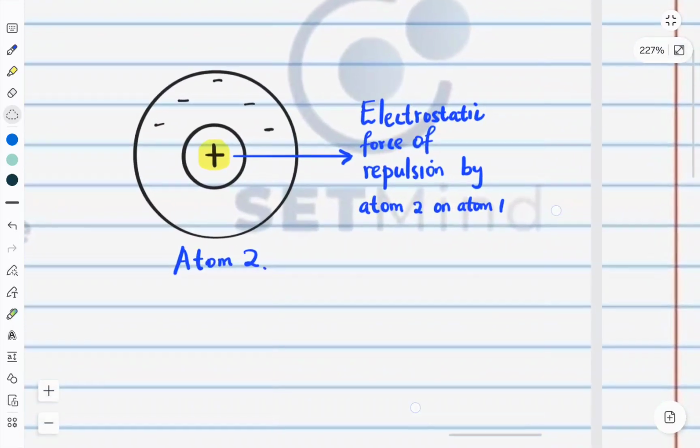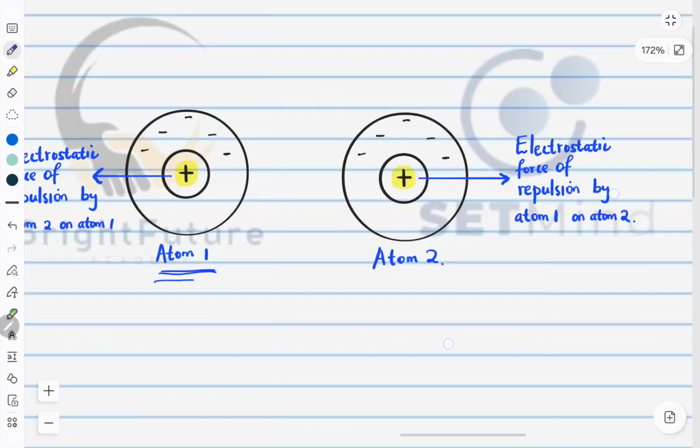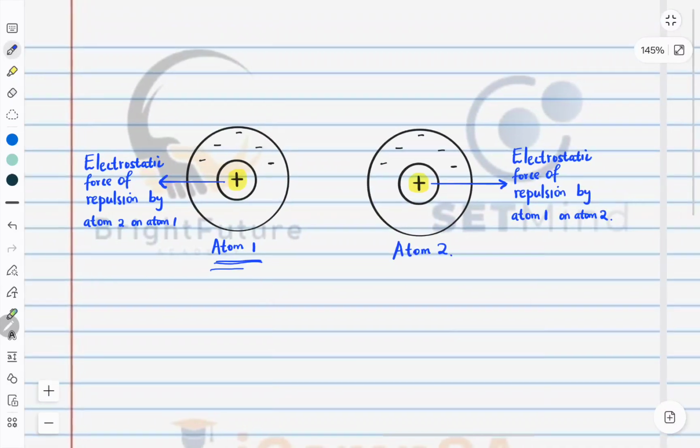But now this is the electrostatic force of repulsion exerted by atom 1 on this atom, which is atom 2. All right, so you have something like this. This happens when we focus mainly on the nuclei of the atoms. Remember, one nucleus is just called a nucleus. Now if we have two nucleuses, they are called nuclei, right?